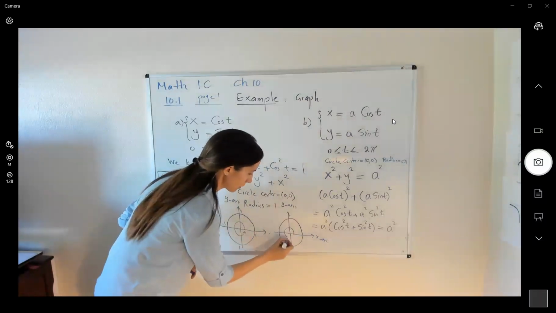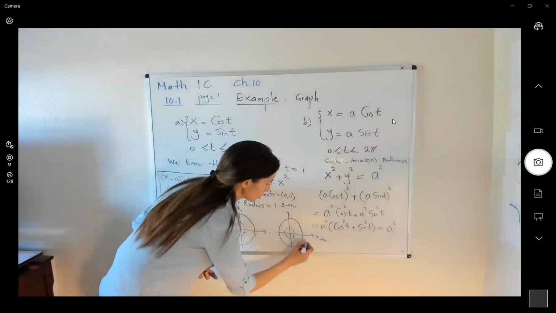So t is between 0 to 2 pi, and the radius is a.